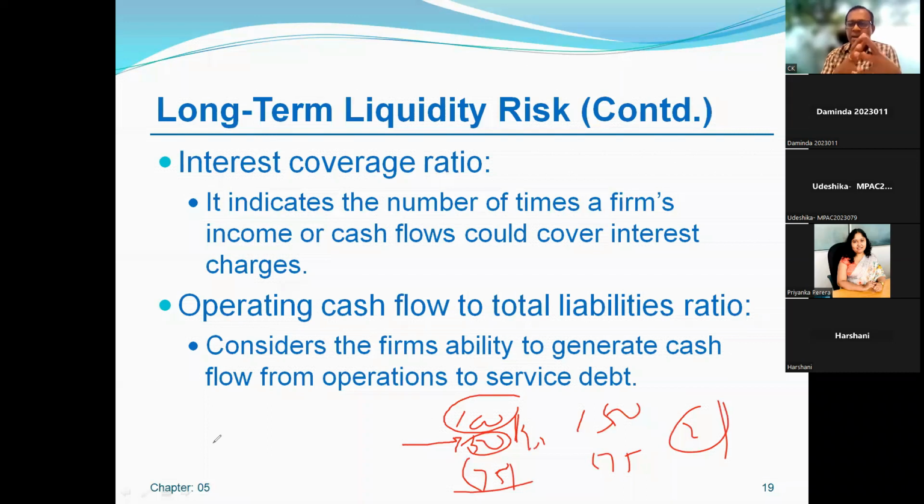Now, the idea behind this ratio is to look at how sustainable your profit is to meet your interest cost. In such scenarios, you have to look at this a little more practically.